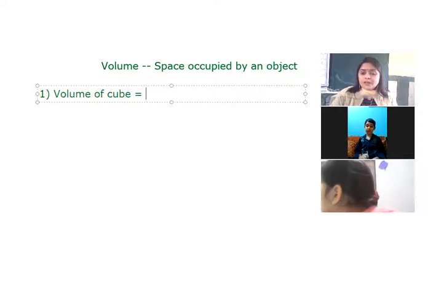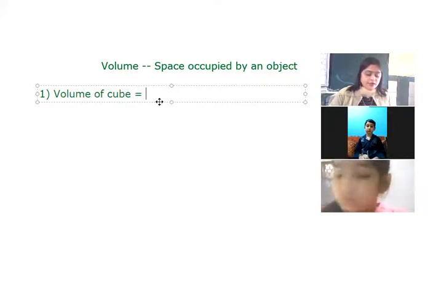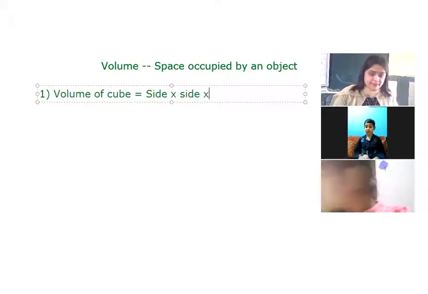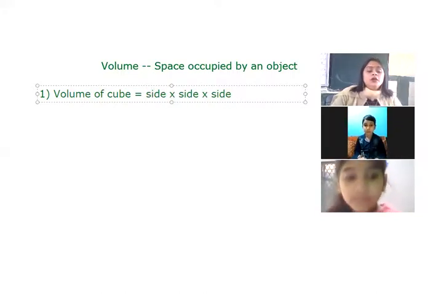Yes, ma'am. All the edges are equal. So that's why we can write down the formula as side multiply by side multiply by side. This is the formula for cube.